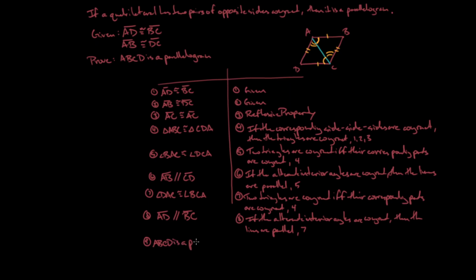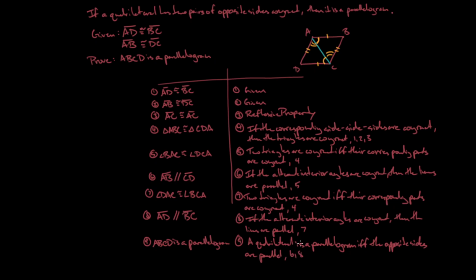The reason for that is just my definition: a quadrilateral is a parallelogram if and only if the opposite sides are parallel. I'm going to reference 6 and 8.